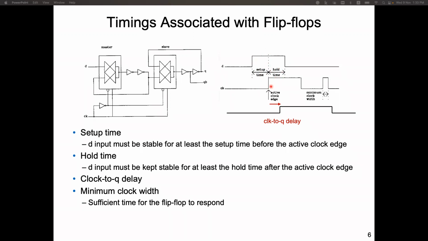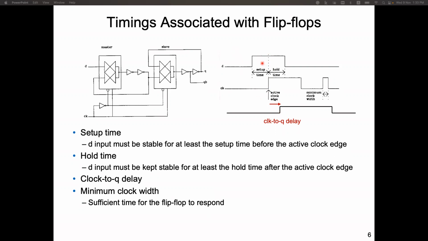This has been taught before, but now another important timing information is the clock to Q delay. Q is the output. So when the clock rising edge comes in, the flip-flop will sample the input D and pass it to the output Q. But it takes some delay.